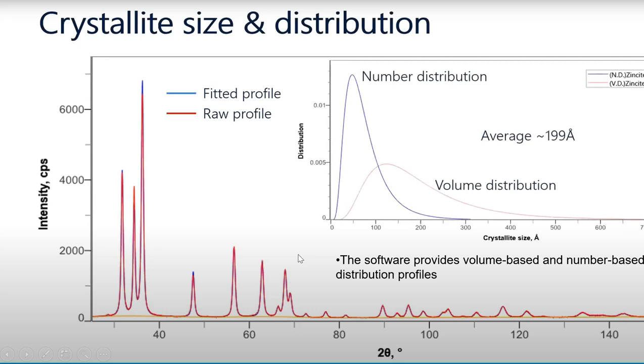The software provides us a volume-based and number-based distribution profile, where the x-axis contains the information about crystalline size and the y-axis having the information about distribution. From this graph, the average particle size is approximately equal to 200 angstroms.